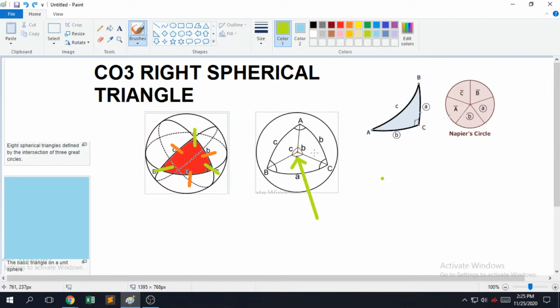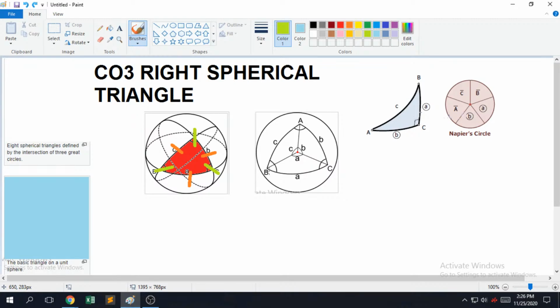If B is a small angle, then the corresponding distance at the surface of the sphere is also shorter. On the contrary, if your angle is larger, then the corresponding distance at the surface of the sphere is longer. So that's why the measures of the sides are given in degrees.